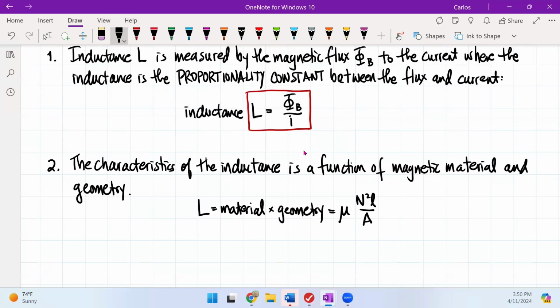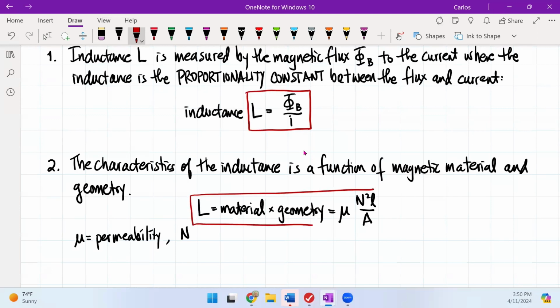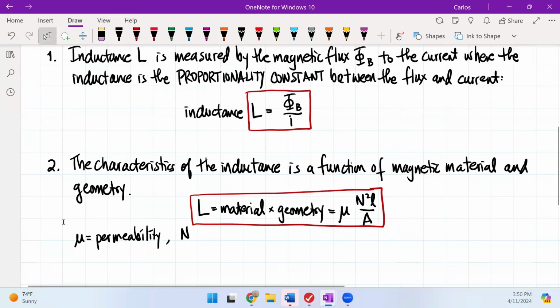So just to make sure that the language is clear, because there are two L's here, we'll say that mu is the magnetic permeability value. We have N, by the way, I should block this off because this is important. So I'm going to get all scrunched up, so I'm going to move this down.